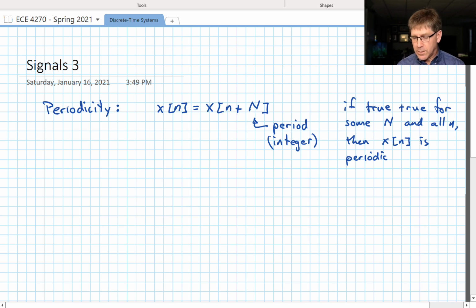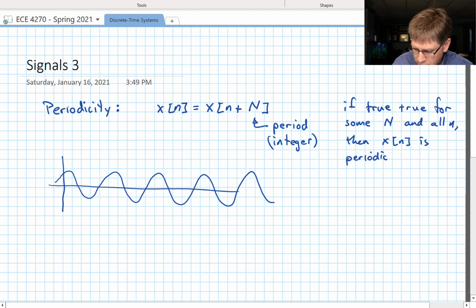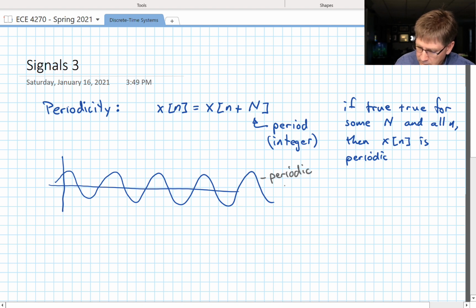Okay. So, one thing that I would like to point out right away is that if you have some signal, let's assume we had some continuous time signal, and just pretend that that's perfectly periodic. So here we have a periodic x of t.